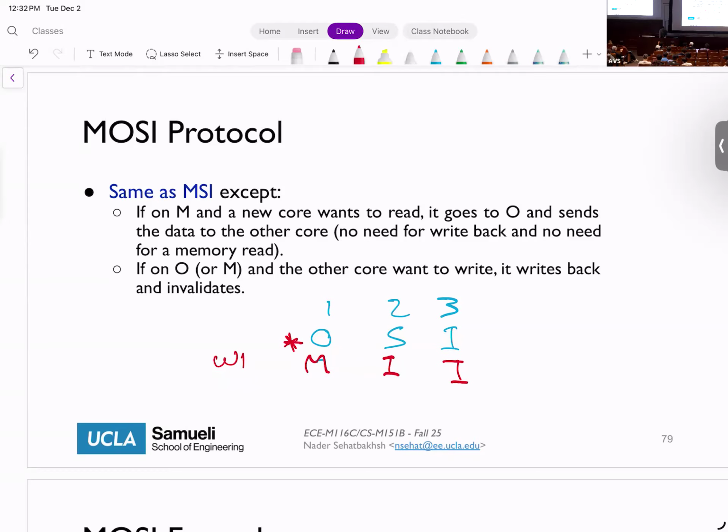If one is already in O and it wants to update its value, then of course it has to go to M. Everybody else has to invalidate because the copy is no longer valid. Yet we typically assume that we do a write back.